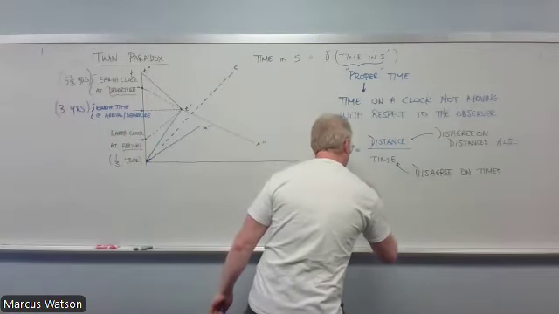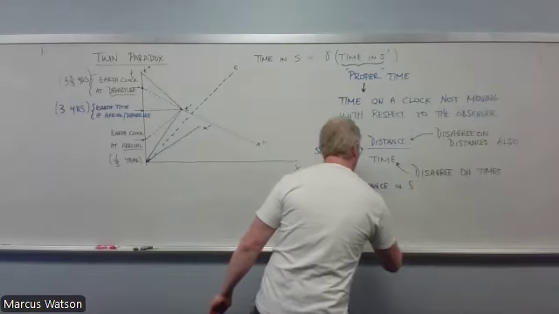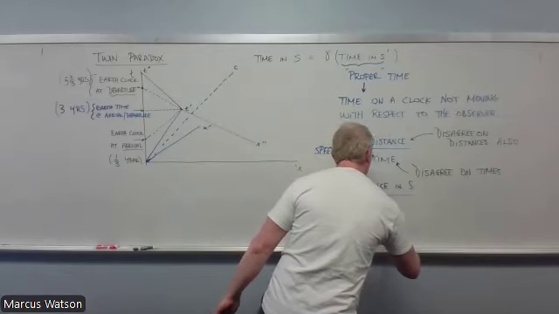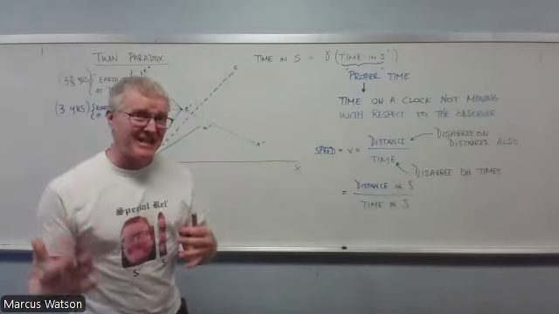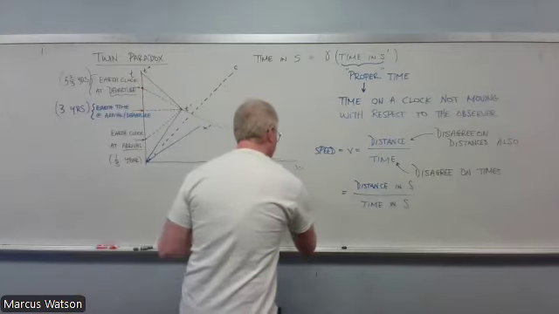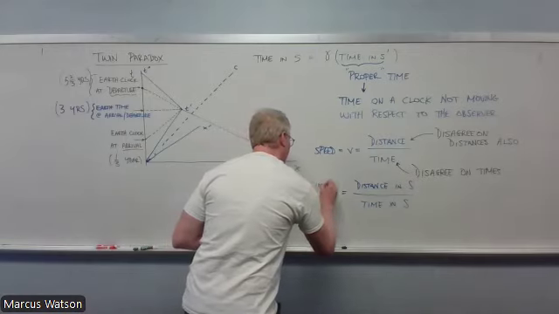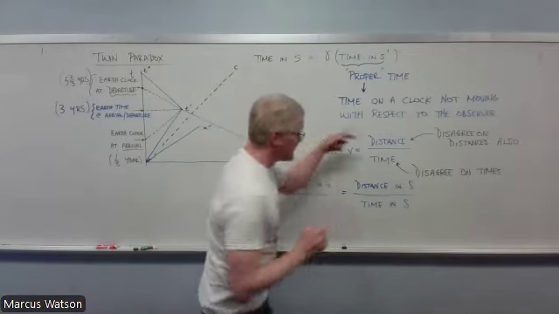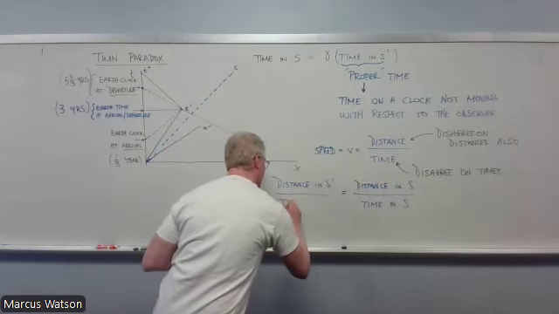So I need a distance, for example, in the S frame, and I need a time in the S frame. All right? And I'm going to say that's going to equal a distance in the S prime frame, but not the same distance as I measured, but it will be the same ratio if I divide by the time in the S prime frame.